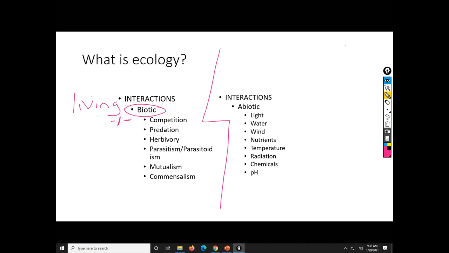Or as the chipmunk, my life would be significantly easier if that squirrel did not exist. Having a competitor makes your life harder. They're taking away food, they're being aggressive towards you, they're taking territory, they're taking mates. All in all, making your life tough.